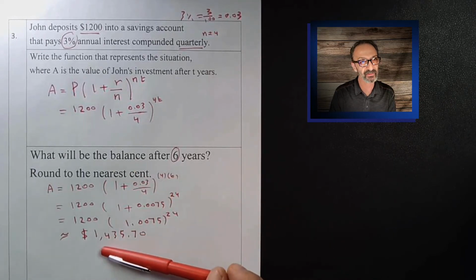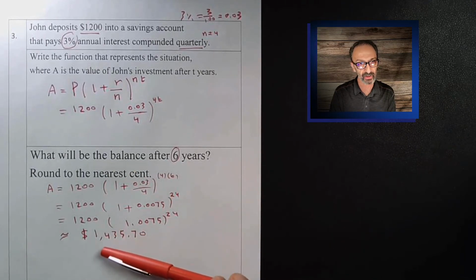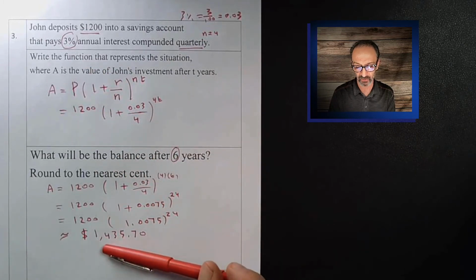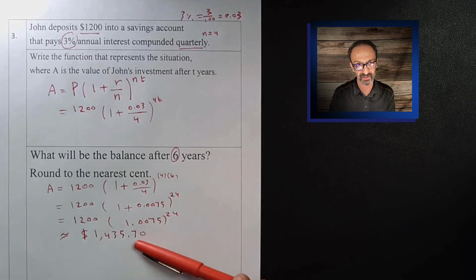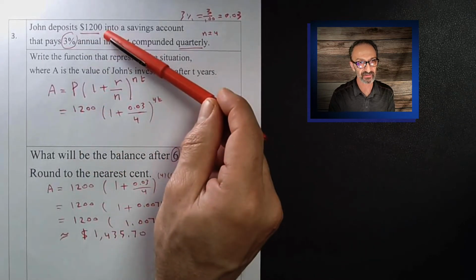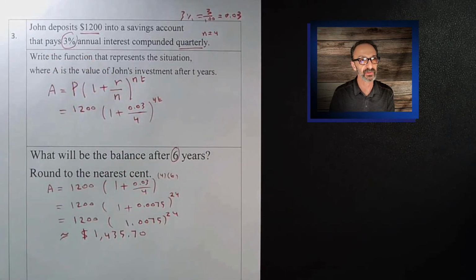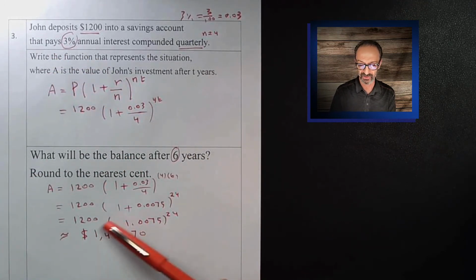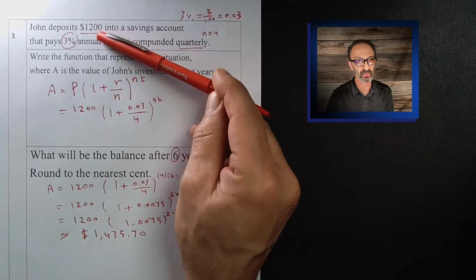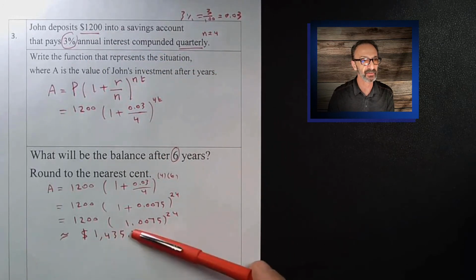So that should make sense. We are gaining the difference, which is about $235.70. Of course, also if this number is less than this, something is wrong. We are making money with interest, 3%. So just expect that $1,200 will become more than $1,200 by some decent amount.